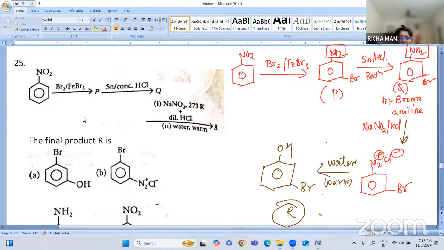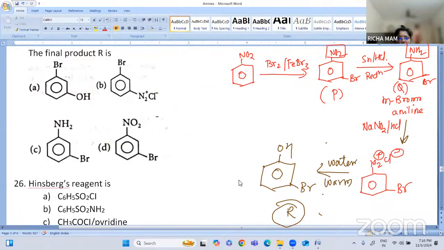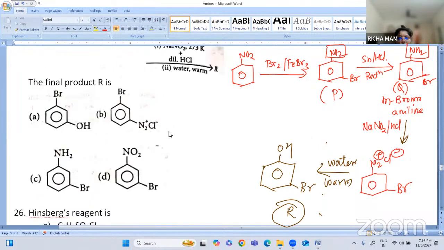So which is the option? OH, option A. With respect to OH, the Br is at the meta position. So option A. Got it? Is it clear?